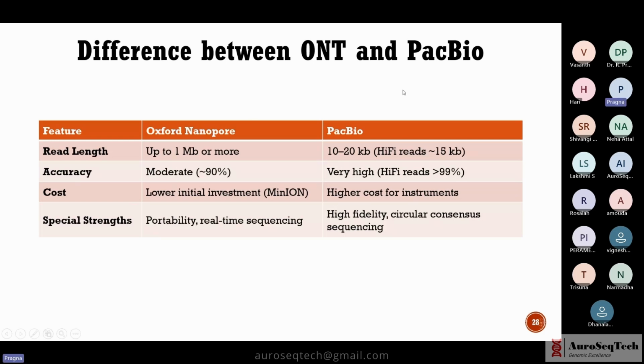Whereas PacBio is very highly accurate, greater than 99% accuracy. On cost, nanopore is very affordable and PacBio is highly costly. Nanopore is portable and does real-time sequencing. And here, PacBio gives high fidelity and circular consensus sequencing.